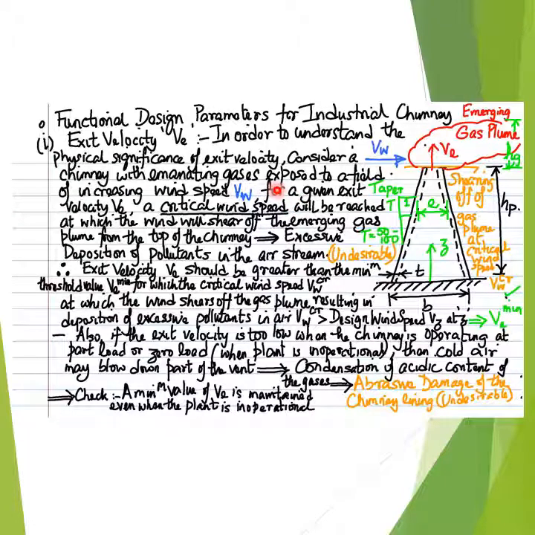And for a given exit velocity, denoted as VE, wherein the notation capital V represents velocity, while the subscript E signifies that the symbol V subscript E is the exit velocity of the gas plume or the emerging gases discharged from the top of the chimney.